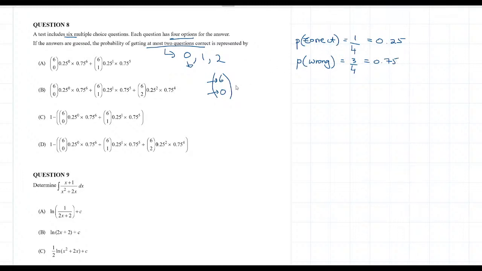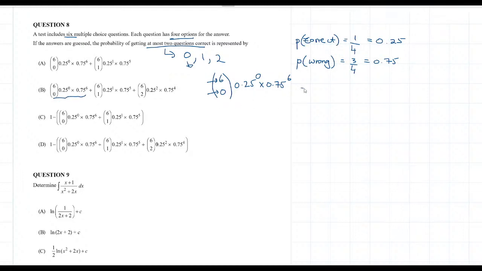So now we have to times it by the probability of success, which is 0.25 to the power of 0. So 0 correct times 0.75 to the power of 6. So that's this here.